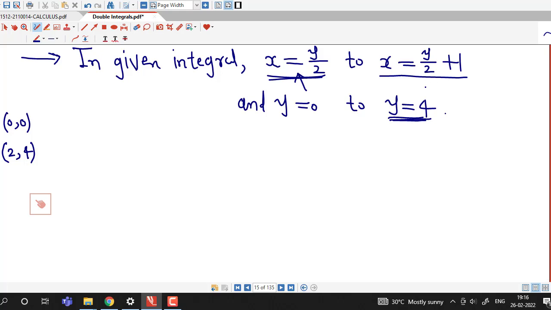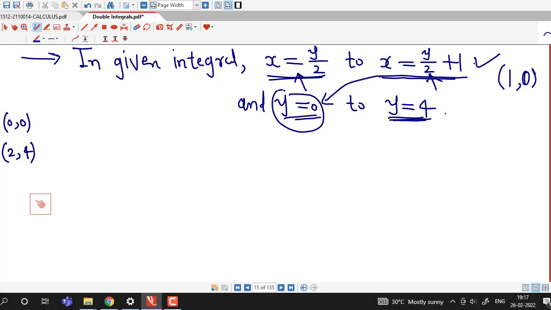So x equal to y by 2 will intersect y equal to 4 at point 2 4 and it will pass through origin. Similarly, if we take y equal to 0 in this line, x equal to y by 2 plus 1, x will be equal to 1. So x equal to y by 2 plus 1 will intersect y equal to 0 at this point 1 comma 0.